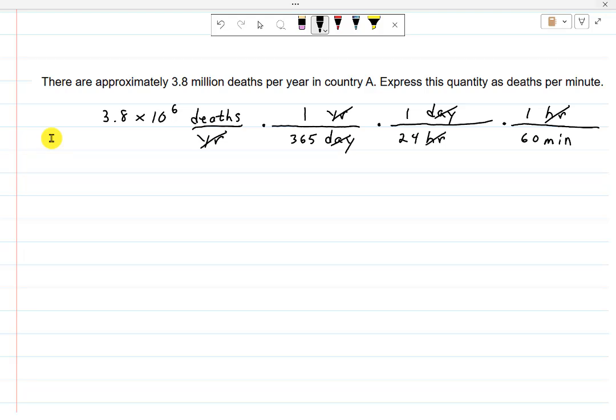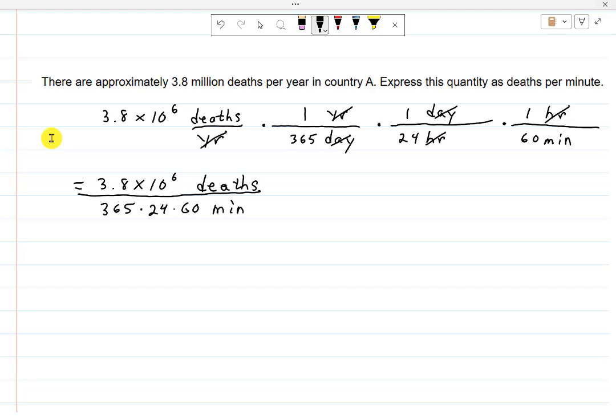Get rid of these hours. And what do we have then? We have 3.8 times 10 to the 6th deaths over 365 times 24 times 60 minutes.